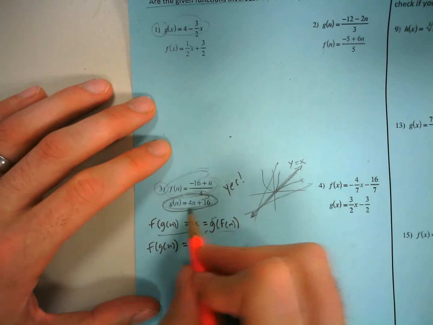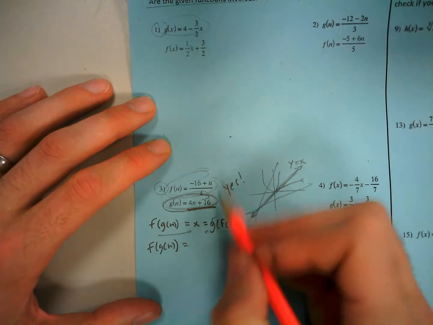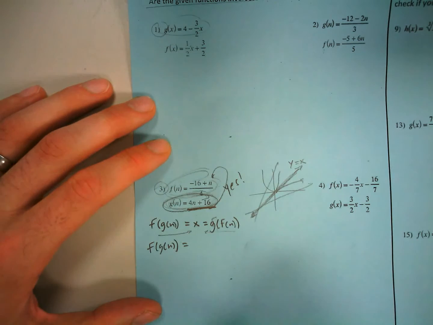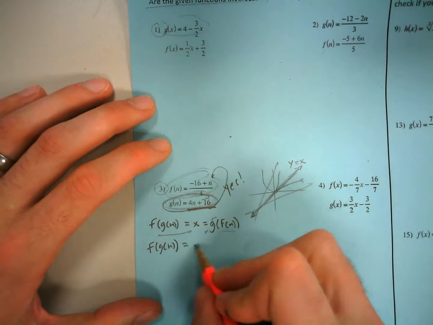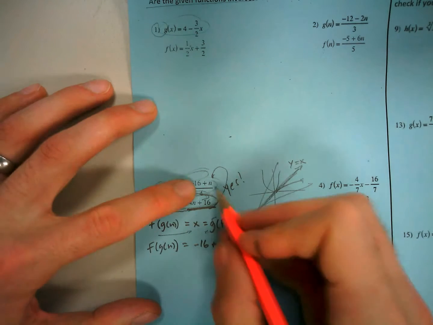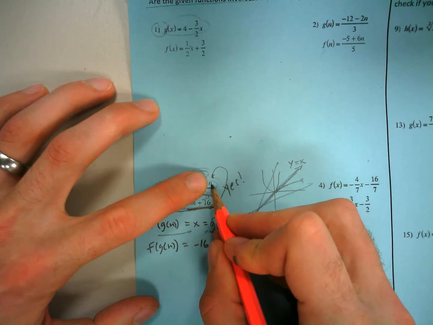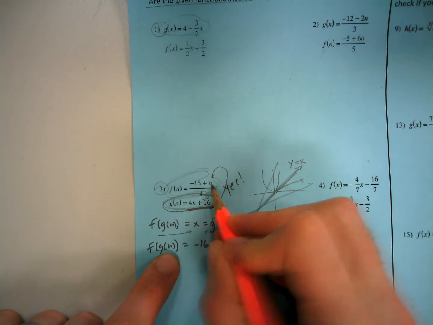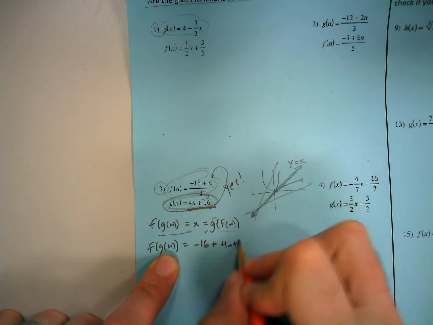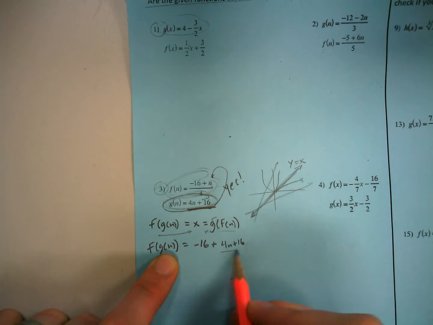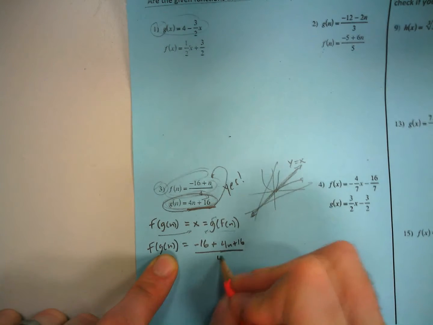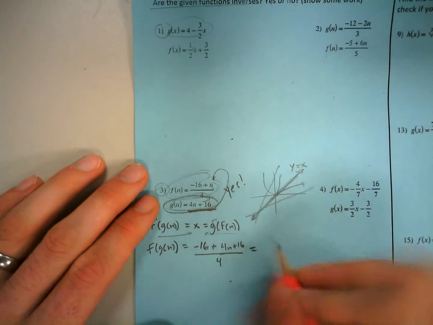That means we're going to take g of n and plug it in to f, wherever we see that variable. So negative 16 plus n, but instead of n, we're putting all of g of n. So 4n plus 16. That's g of n divided by 4. Simplify some stuff.